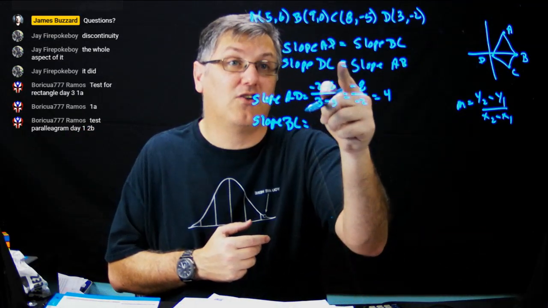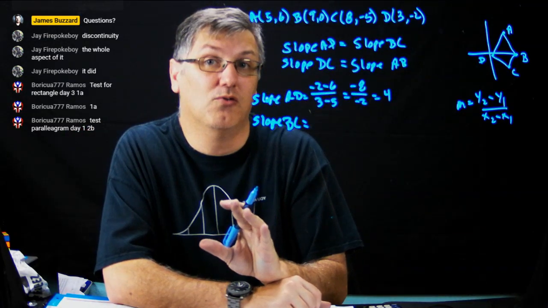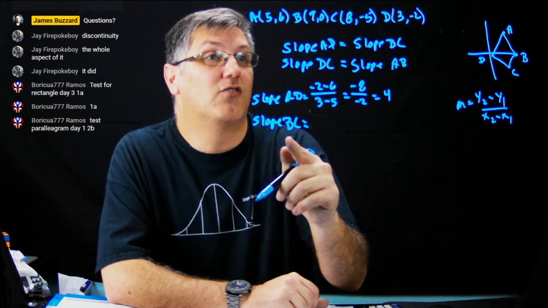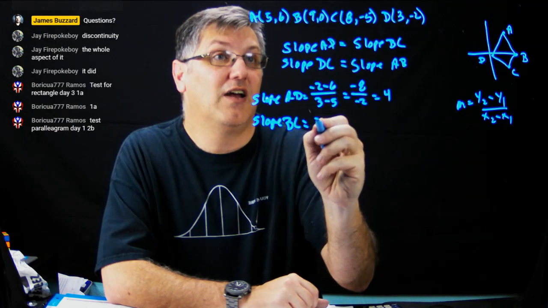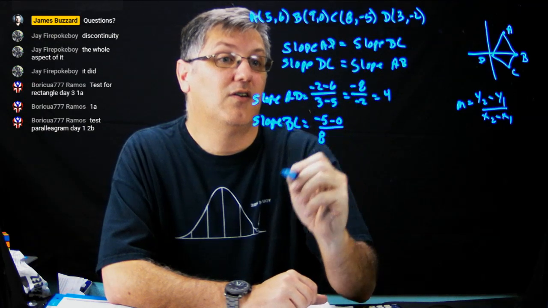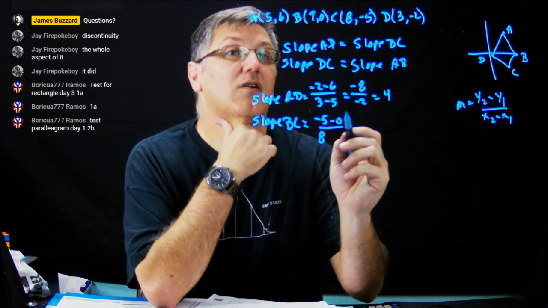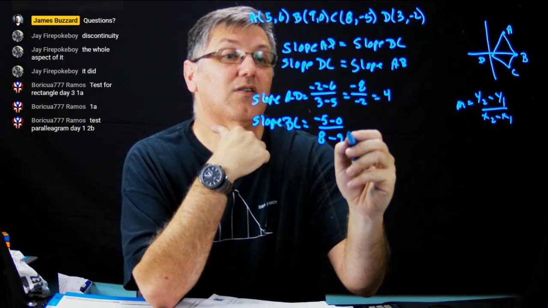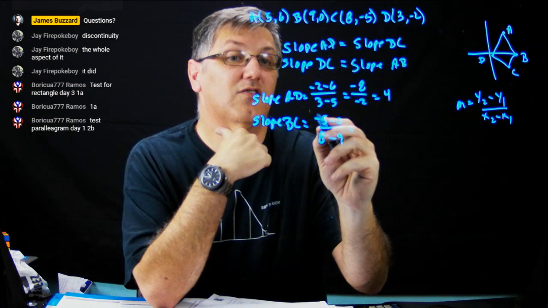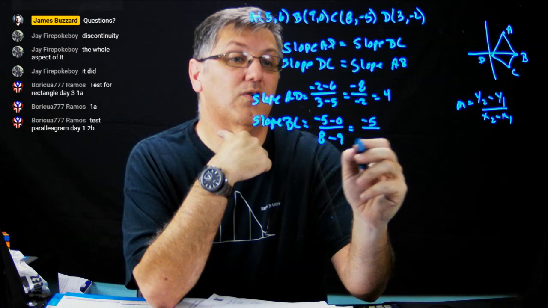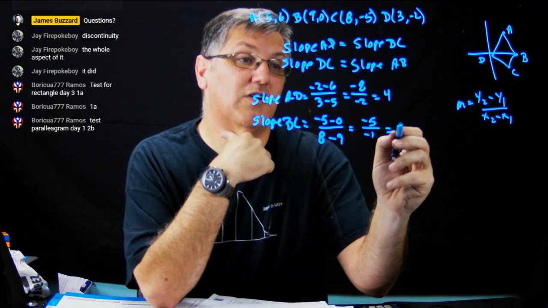But if I get 4, I need to check this next one because they both have to be true. But it only takes one not to be true for it not to be a parallelogram. All right, so BC. We've got negative 5 minus 0 over 8 minus 9. This is going to give me negative 5 over negative 1, which gives me 5.